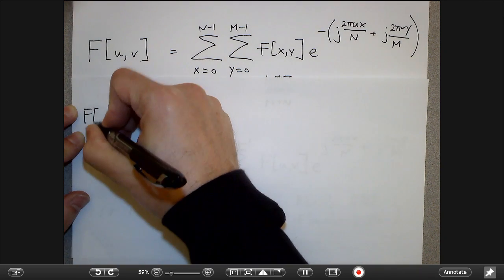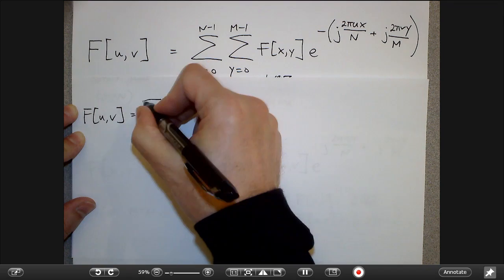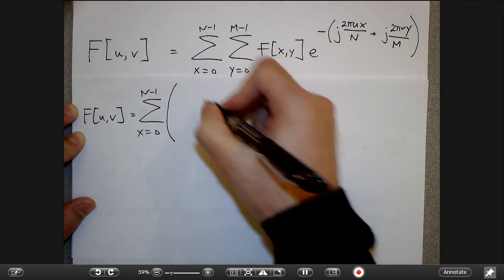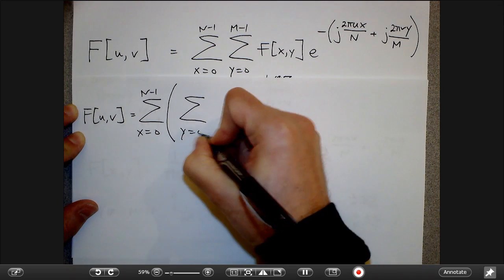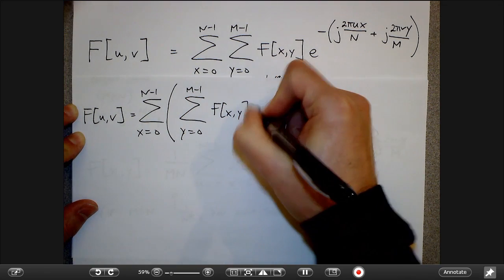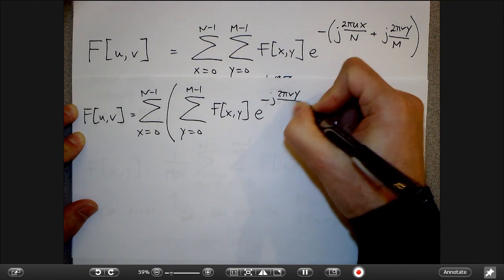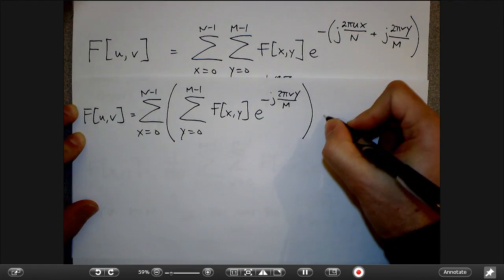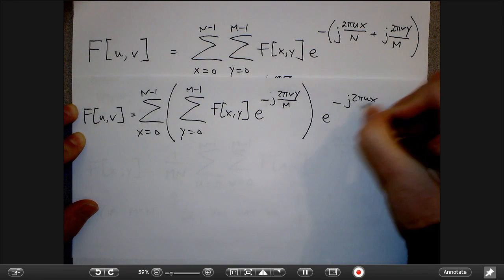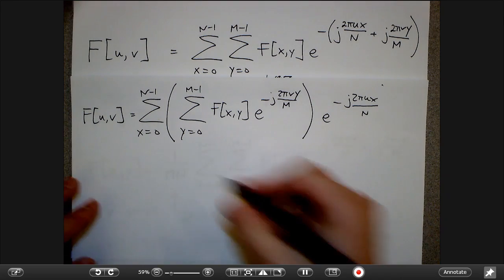Another way of writing this is sum over the x's, and in parentheses here, sum over the y's, and then I'm going to take the exponential part in y, and then the exponential part in x, like this.